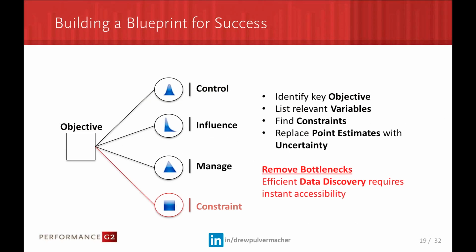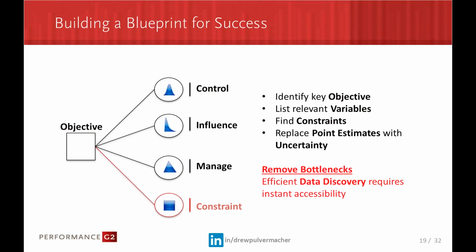Before you start with predictive analytics, and I don't want to say before you start, you can do it, but if you really want to go fast with it, make sure that this data discovery path is as efficient as possible. What I mean by this is that you don't have information scattered throughout the organization.